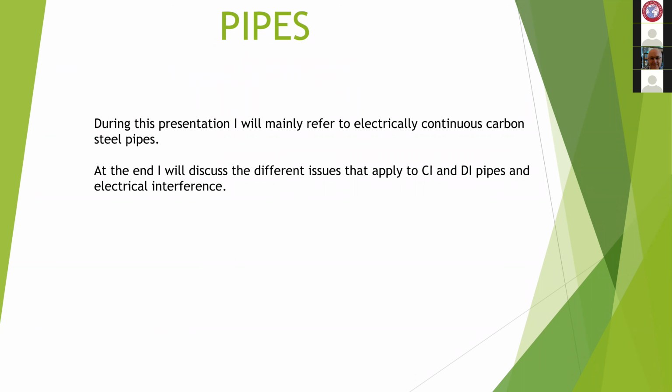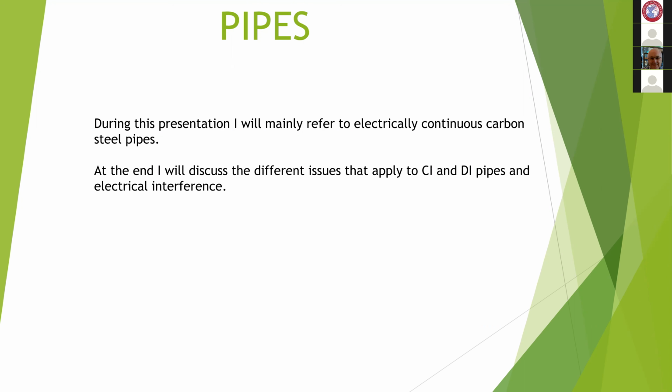Now, mainly this presentation is based on electrically continuous carbon steel pipes. There are some features that relate specifically to these pipes that don't relate to cast iron and ductile pipes. Obviously there are a lot of members of the Guild who are concerned with water, and it's the water industry traditionally that uses the cast iron and ductile iron pipes mostly.